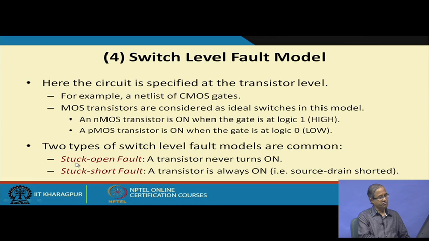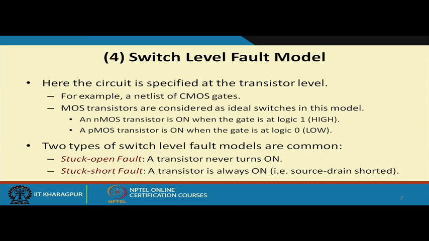Now, the reason we consider these switch level faults separately is that you will see that the behavior of the circuit becomes very peculiar in presence of these faults. Like other fault models we looked at, like the stuck-at fault model, which is very popular, but the stuck-at fault model cannot capture some of these transistor level faults which modify the circuit behavior in a very peculiar way that we shall see shortly.